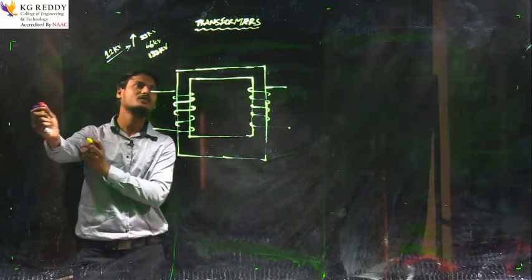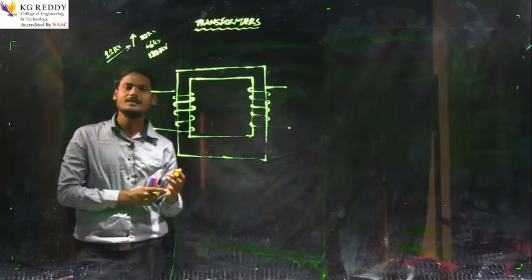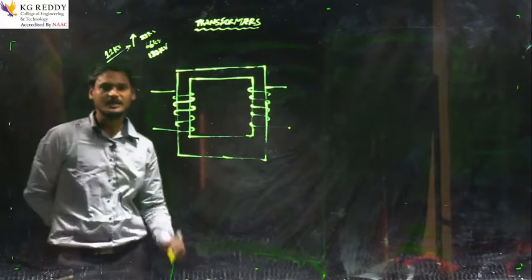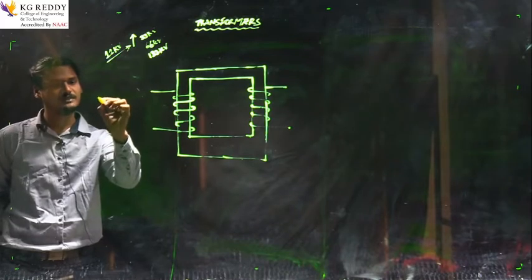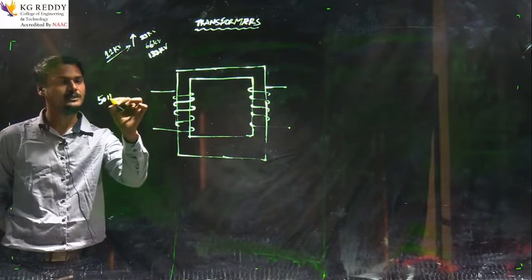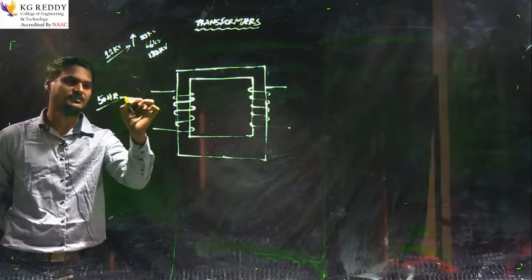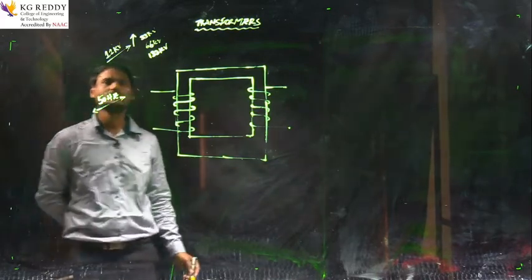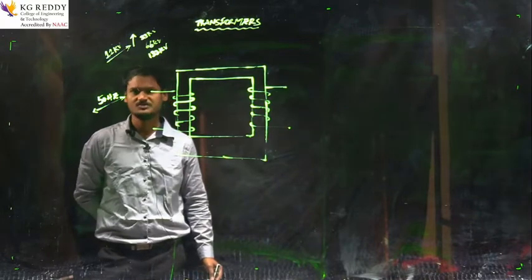First of all, we say it is a constant frequency device. As you know, in India the frequency is 50 Hertz, whereas in the United States of America they use 60 Hertz.